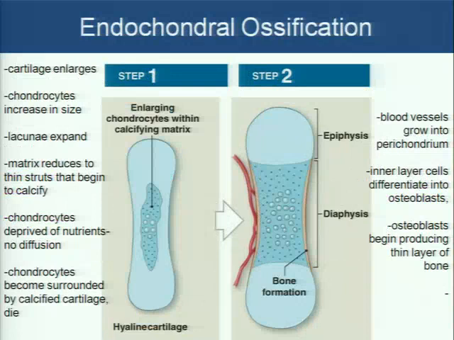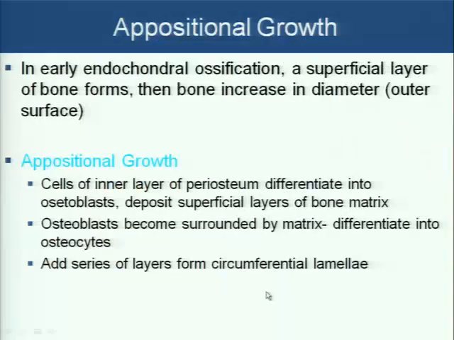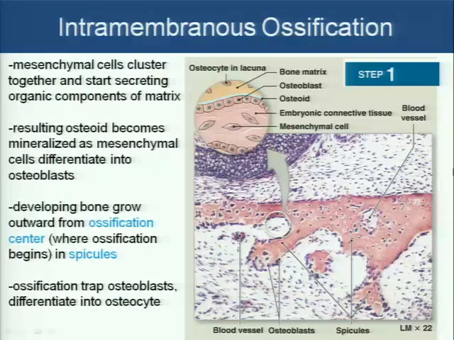Endochondral ossification is talking about it going this way. Appositional is the diameter getting bigger. Does that make sense? When you have appositional growth, those are the ones on the very outside. They're going to be the circumferential lamellae.